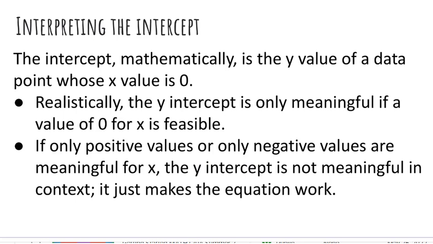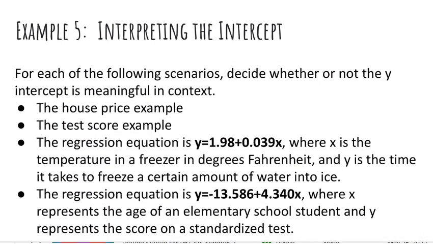So you always want to check that to see if the y-intercept is meaningful to the problem or if it's just something that we have to mathematically make the equation work. If only positive values or negative values are meaningful for x, then y-intercept is not meaningful in context. So meaning if 0 doesn't make sense to be x, then whatever the y is in that location isn't going to make sense either. It's just there to make the equation work. So things to think about.